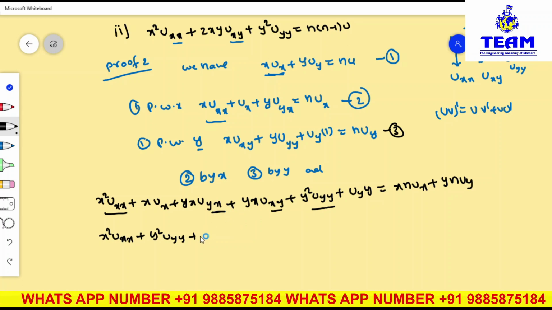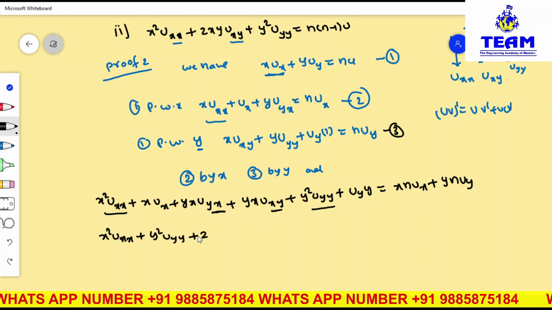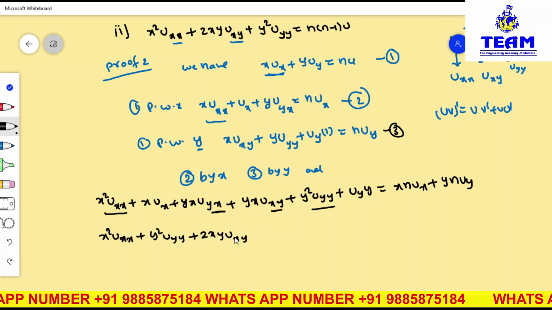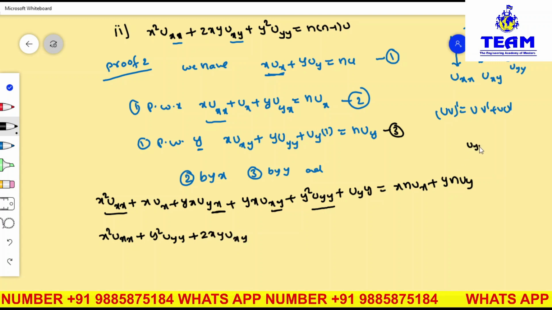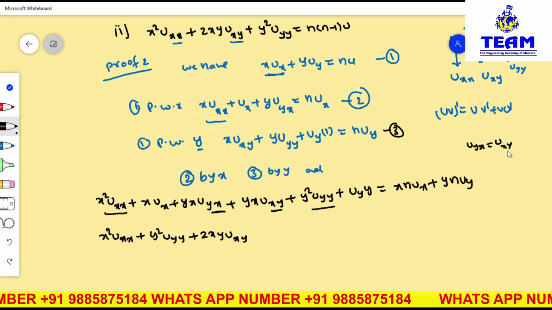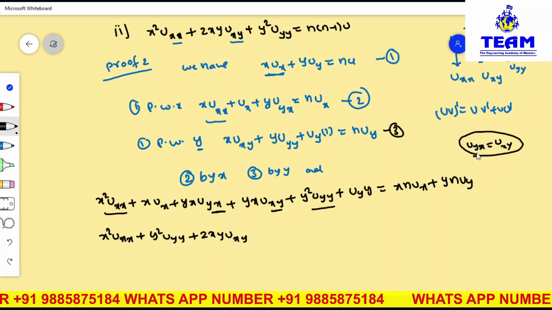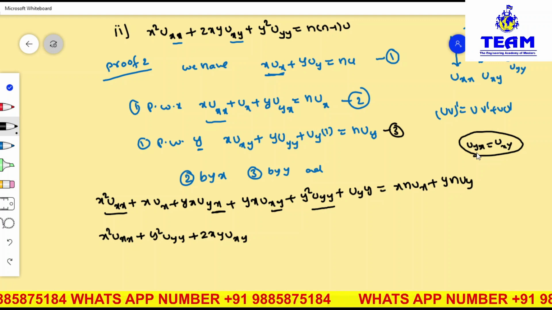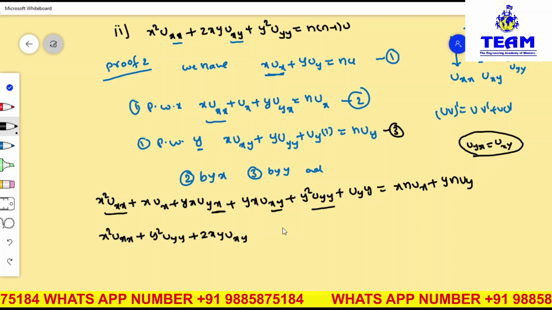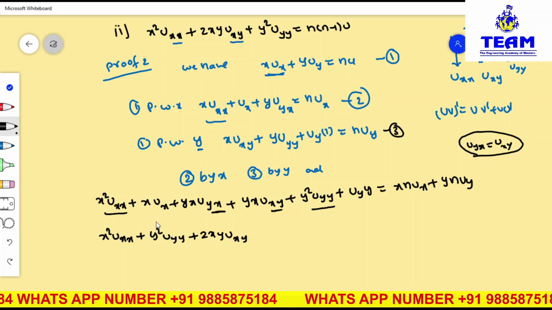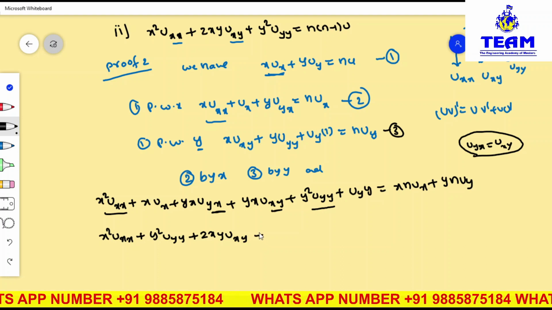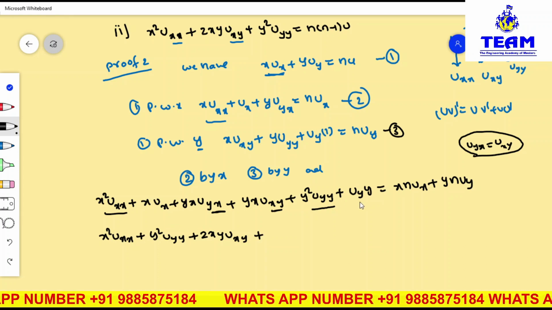So both are repeated, so you can write this as twice, that is, nothing but 2 times xy into uxy. uxy is equal to uyx, friends. You remember, in partial differential equations for the second order partial derivative, uyx is equal to uxy because it is a homogeneous function only. And we have xux and yuy. So I am writing the remaining terms, that is, xux plus yuy.